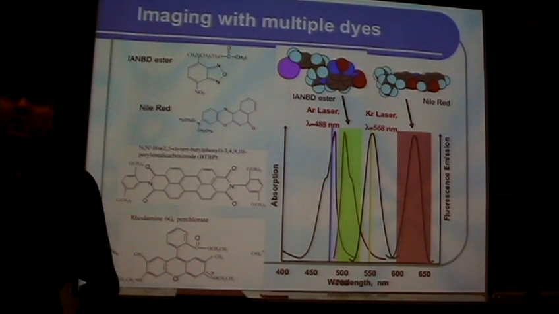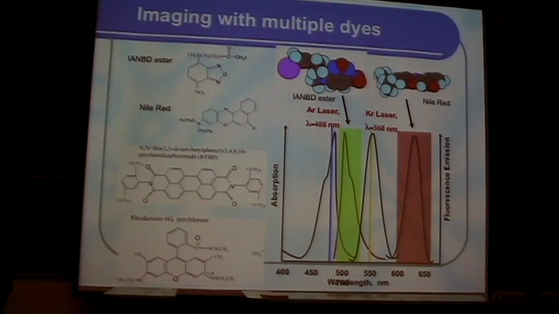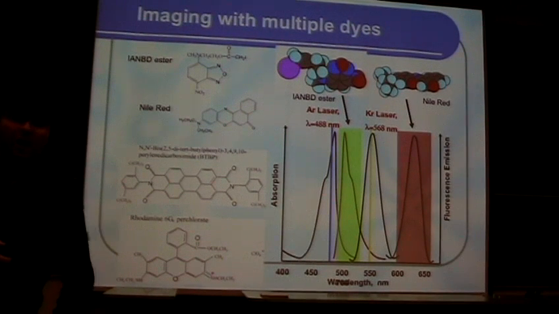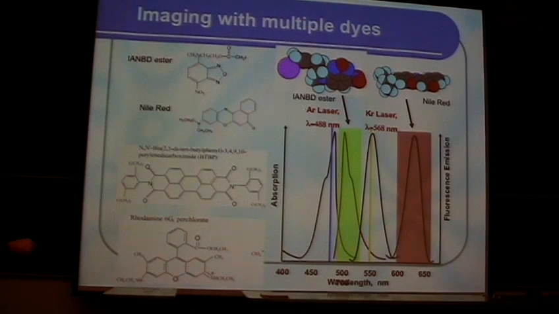It is possible not only to use one fluorescent dye, but multiple different fluorescent dyes can be used for labeling either biological or materials systems. And so in here I just give you several examples of dyes that can be used.